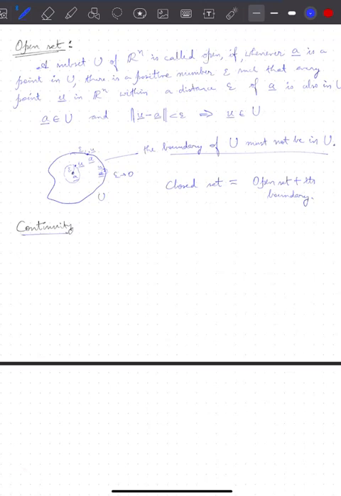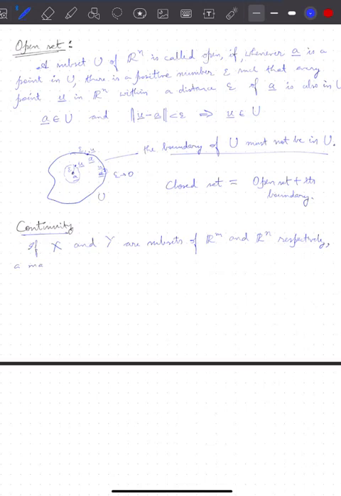Say X and Y are subsets of Rm and Rn respectively, and we have a map.